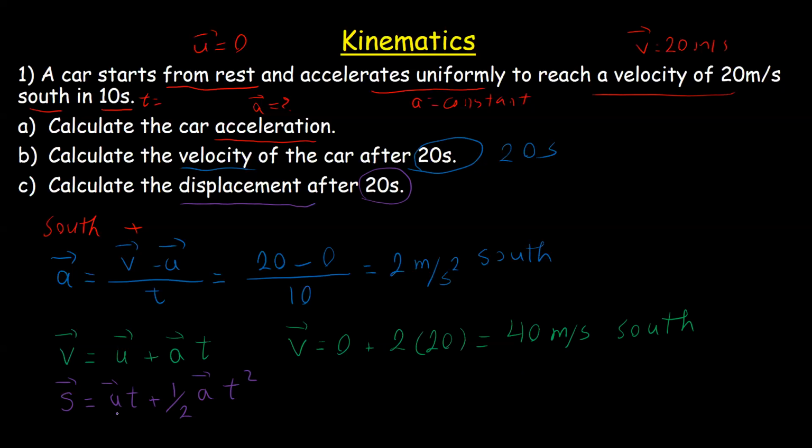We have our u, we have t as it's given, 20 seconds, and we calculated a in part A. So we can substitute the numbers again. u is 0, so it's 0 plus half times 2 times 20 squared. As a result it is 100 meters, and as it's positive and we defined positive as south, it's south. Okay, let's go through another question.